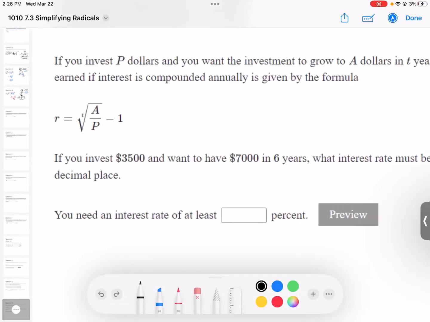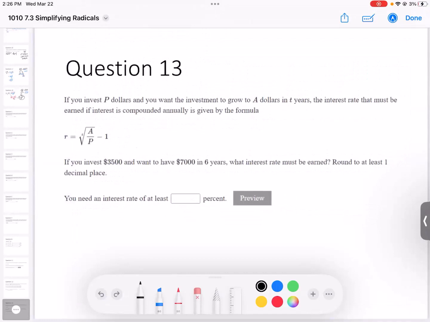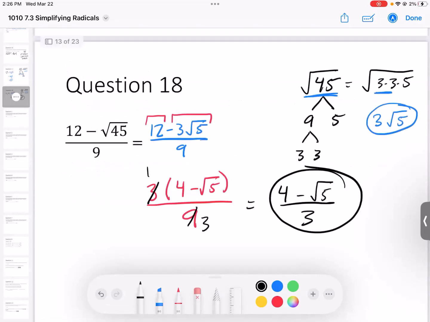And on this one, they don't necessarily want you to simplify, they want you to calculate out the decimal, because one way that you can simplify roots as well is to approximate them as a decimal by just typing it into your calculator. So if it says round to at least 1 decimal place, you don't have to worry about doing all of this stuff where we broke it up into factors and things, because they just want you to type it into your calculator and say approximately what is the square root of 45.